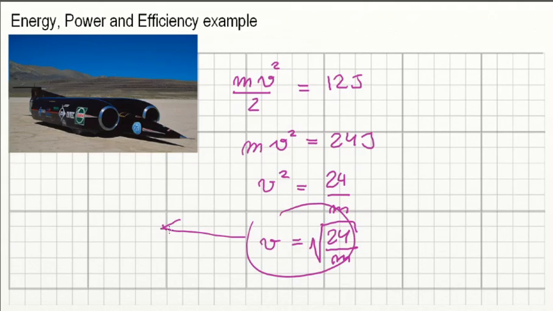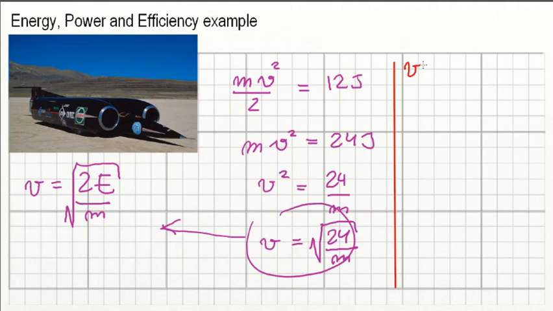If you just write the equation without numbers, it would be the square root of 2 times the useful energy divided by the mass. So if we do then v equals square root of 24 divided by the mass, which was 10,600 kilograms. Let's omit the units here.